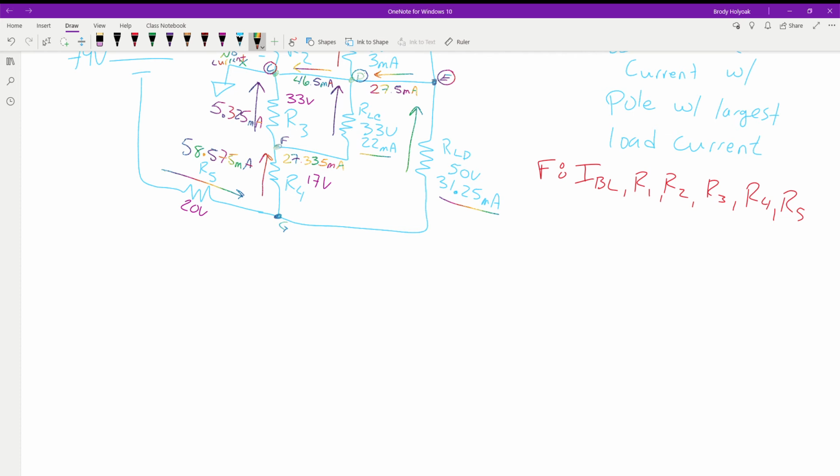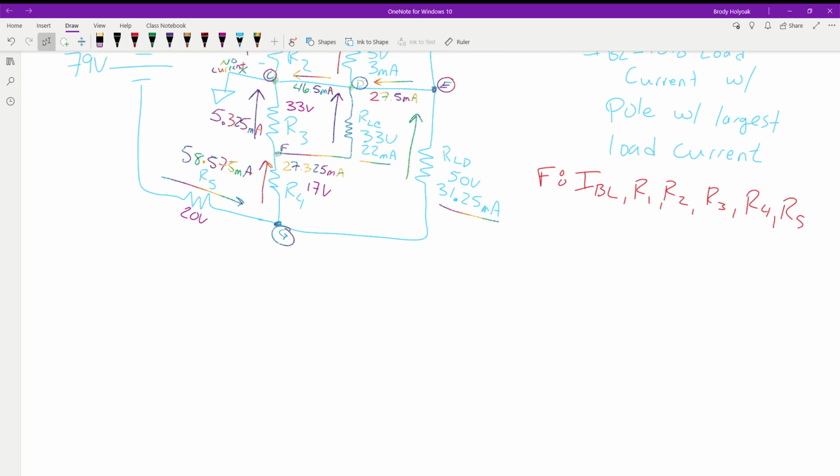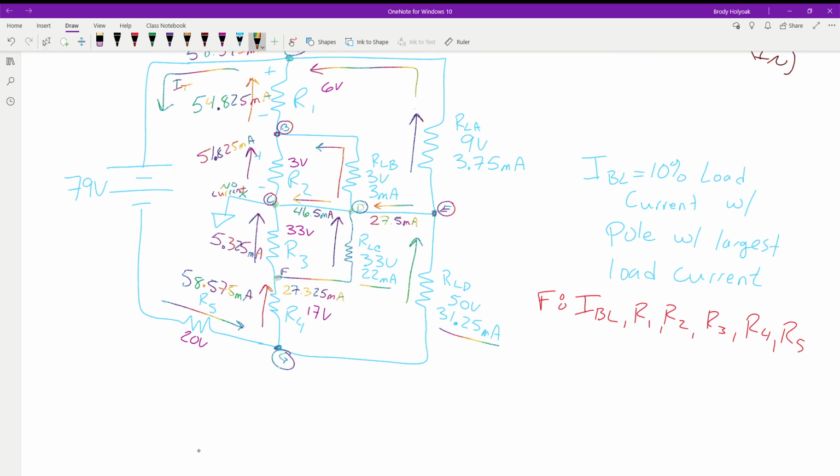Yep, just like it's supposed to. Okay. So now that takes care of node F as well, because that was the only other current we were missing. It was a trick question.